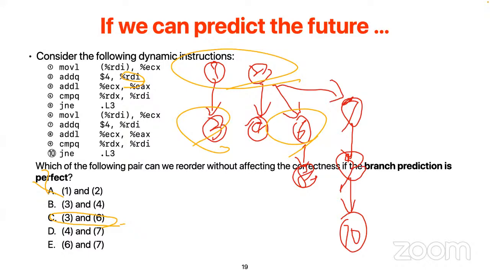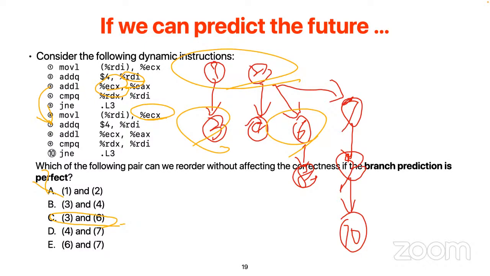Forget about the performance. If you move 6 up and it's still 3 later, are you going to get the desired result? The answer is probably not, because the ECX is not the ECX you want.